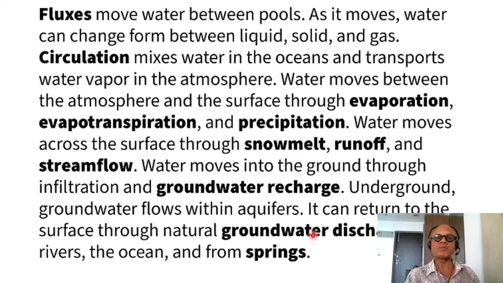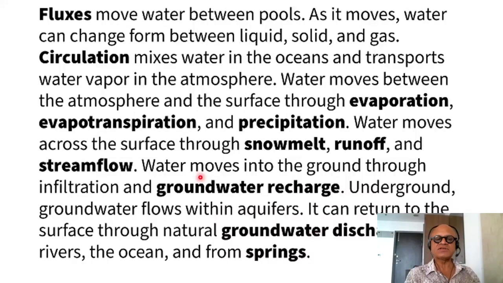Fluxes move water between the pools. As it moves, water can change form between liquid, solid, and gas. Circulation mixes water in the oceans and transports water vapor in the atmosphere. Water moves between the atmosphere and the surface through evaporation, evapotranspiration, which is mediated by vegetation, and precipitation, which falls back in either liquid form or snow or hail and so on.